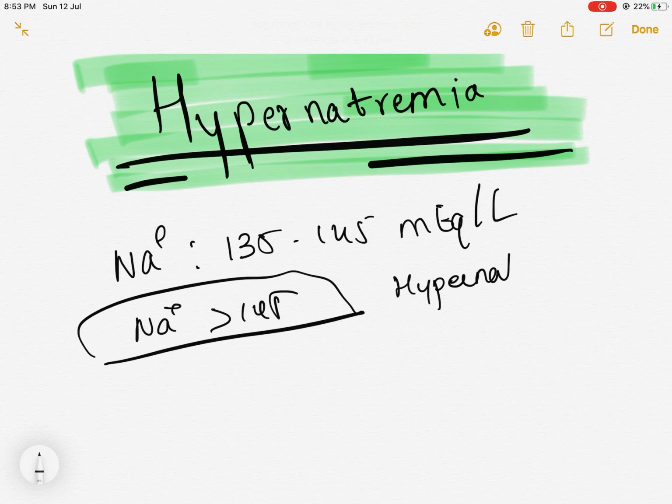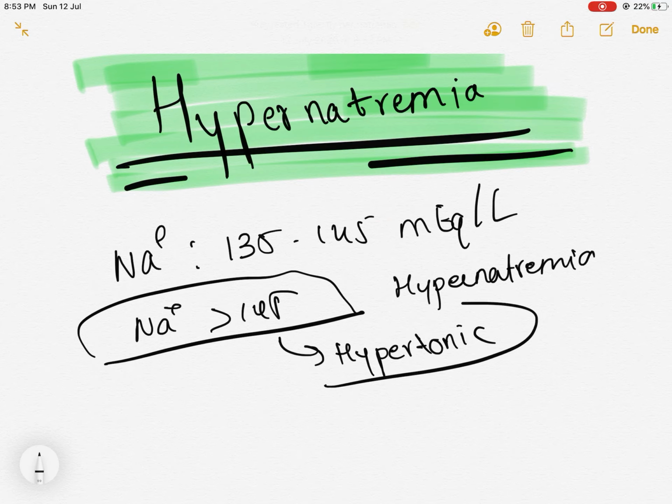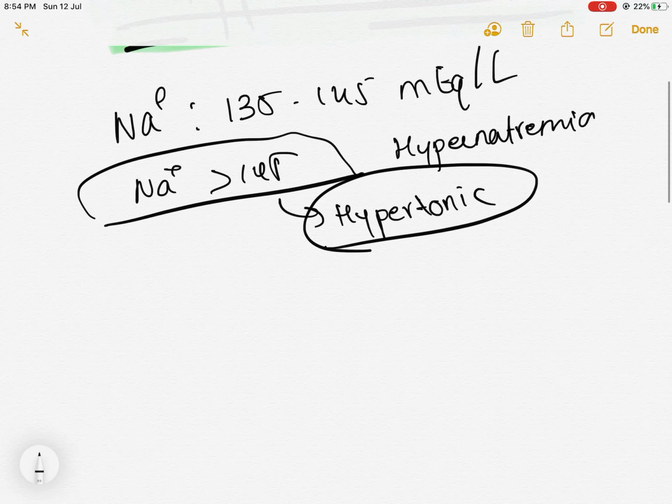Now, what hypernatremia means is that once the sodium concentration increases above 145, it makes the blood hypertonic. Hypertonic means the tonicity of the plasma increases. As a result, the fluid present in the intracellular compartment shifts to the extracellular compartment.